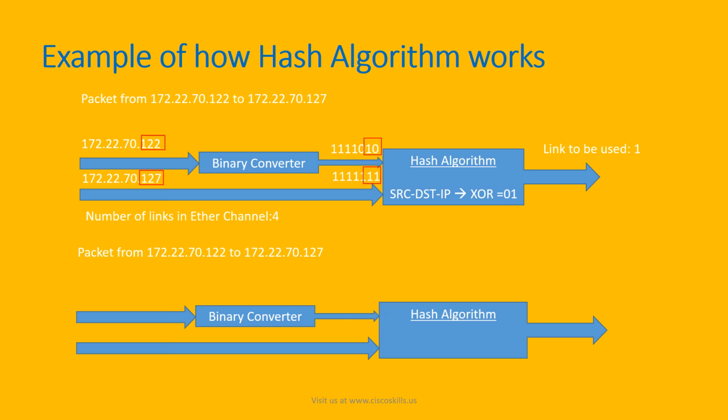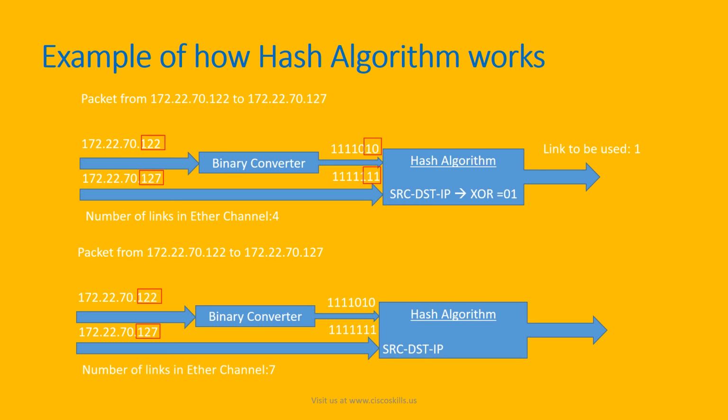Now let's analyze the fourth case where we also still have the source and destination IP address as a load balancing method, and we're gonna repeat the same steps: convert 122 into binary and convert 127 into binary.